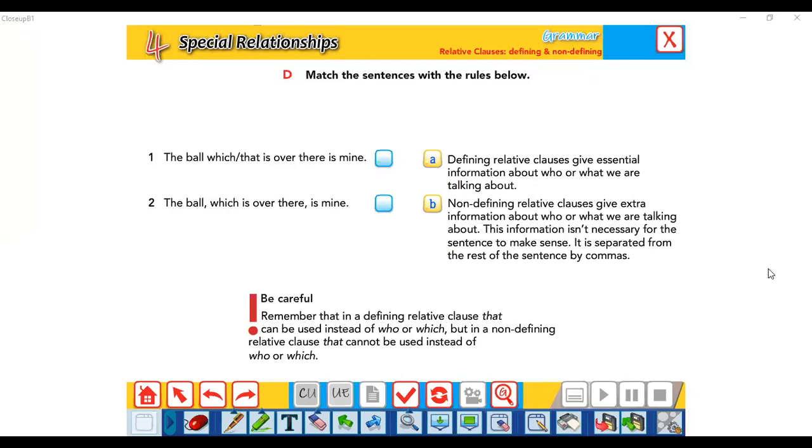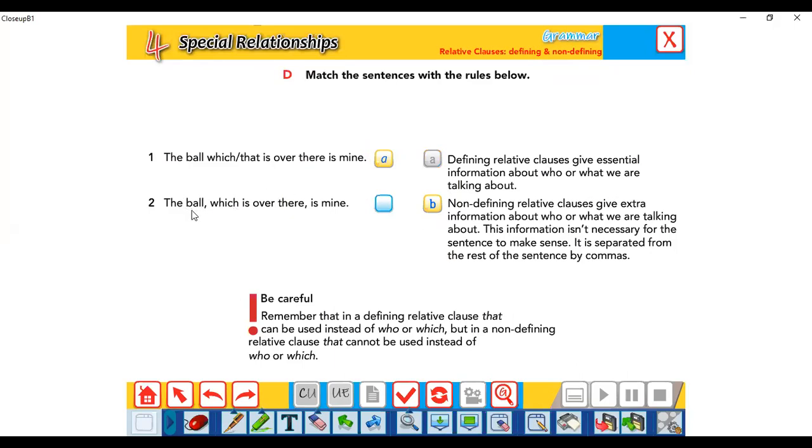Yes, the number one, A or B: defining relative clauses give essential information about who or what we are talking about, or non-defining relative clauses give extra information? I think it's a defining relative clause. Yes, correct. So defining relative clauses give essential information about who or what we are talking about.